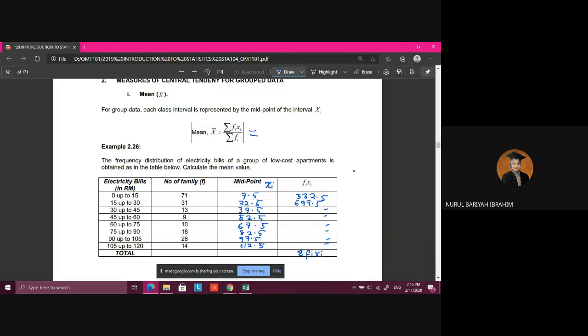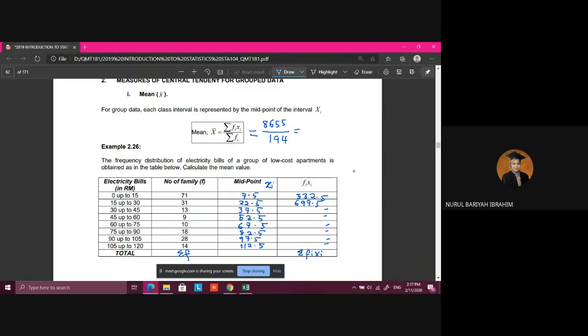I get 8655 here. This should be divided with the total of the frequency, which is the total of this column. Okay, total of this column, you akan dapat summation of f. Should be 71 plus 31 plus 13 plus 9 plus 10 plus 18 plus 28 plus 14. So the answer is 194 here.